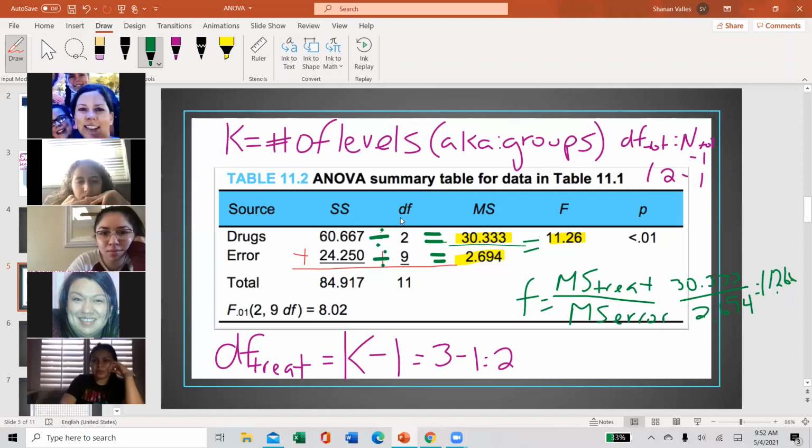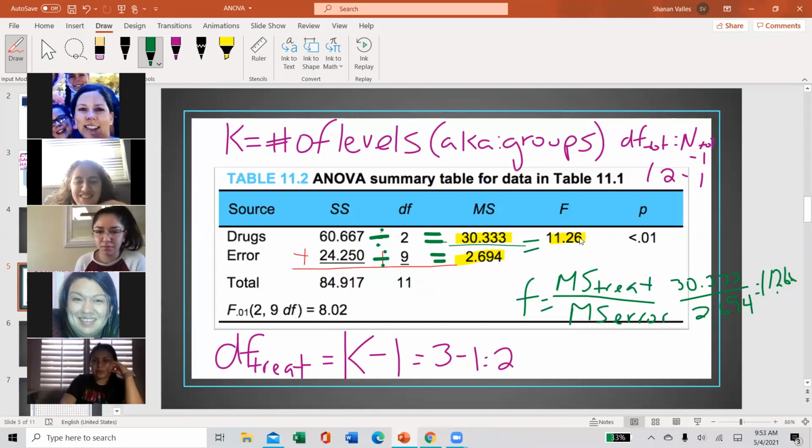You divide the SS by the degrees of freedom to get the MS for the drugs, do the same for the bottom, and then divide those two MSs to get the F value. That's exactly right.